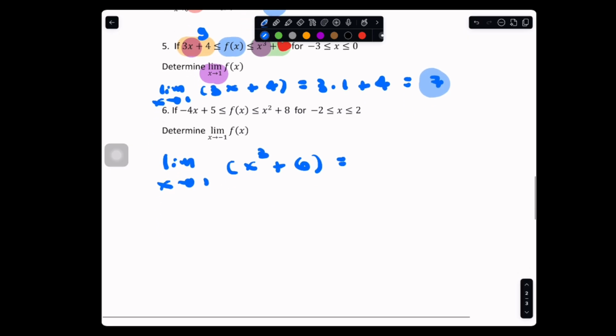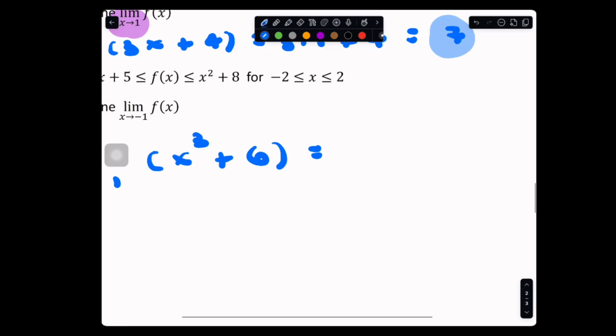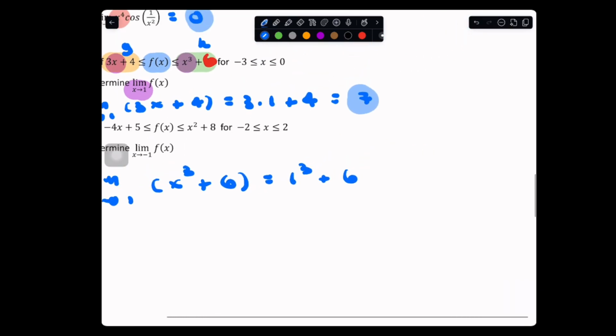What do you know about this function here? X cubed plus 6. This is another what? Polynomial. Polynomials are the best functions. What do you get to do with polynomials? Plug in your value. And what do you end up getting? 1 cubed plus 6 is 7.